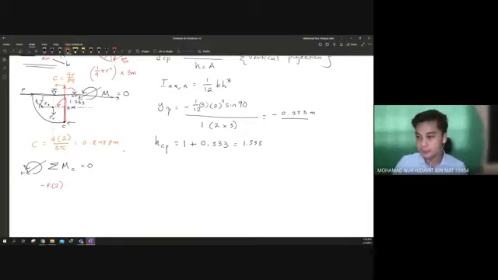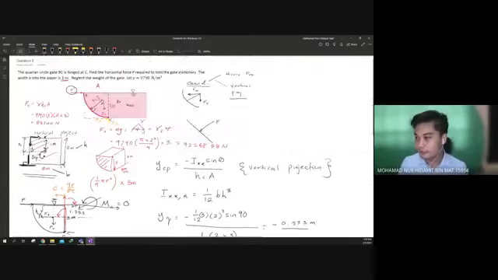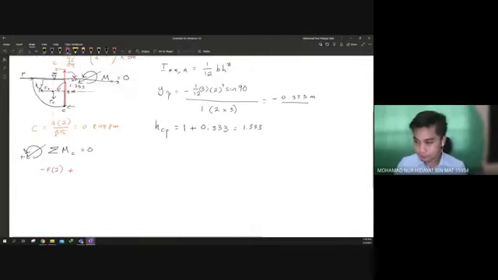So positive FH, we discovered before, this is FH, 58,740.